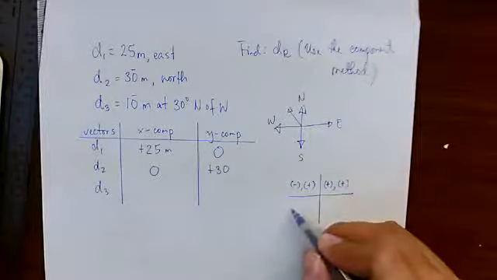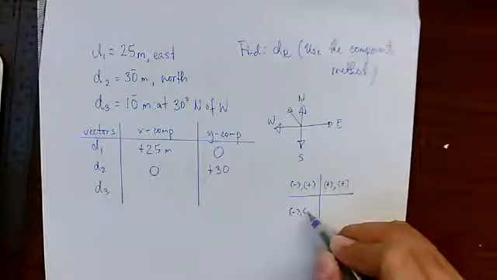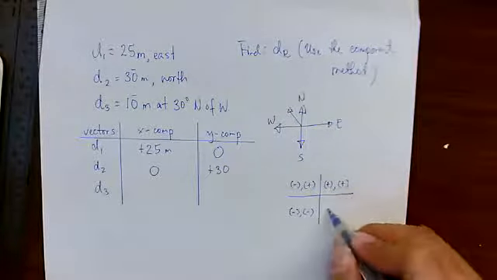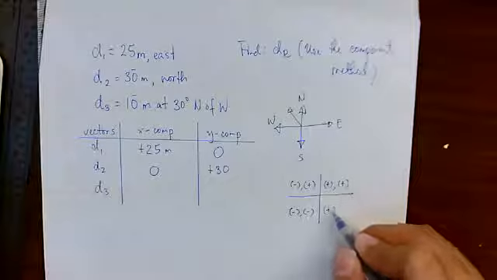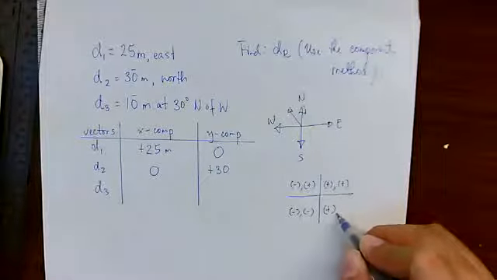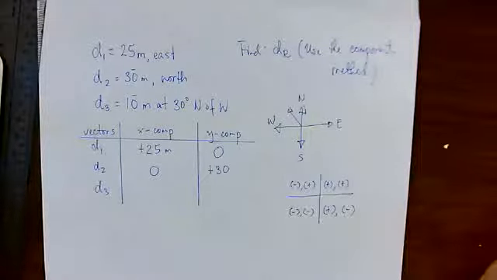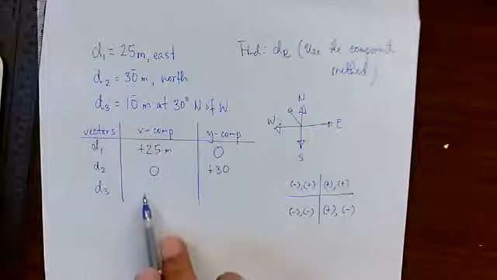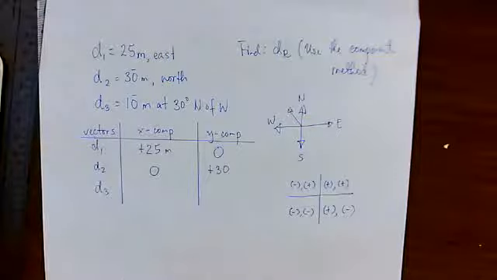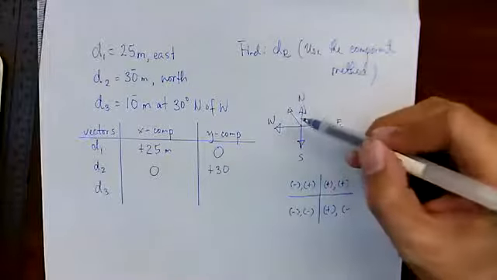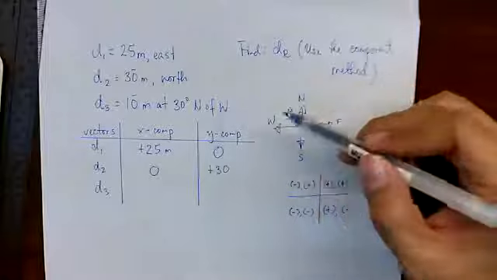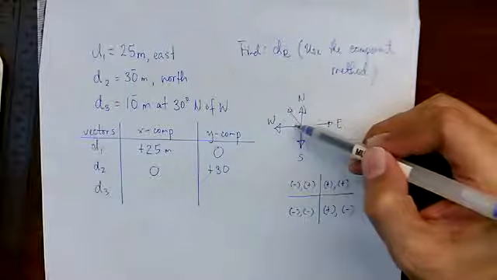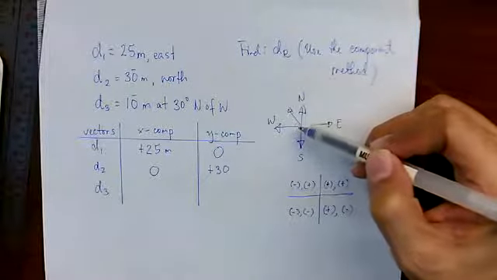In the third quadrant, both the X and the Y are negative. In the fourth quadrant, you have a positive value for X and a negative value for Y. We have to take note of this because when you put the values here, you have to include the sign.